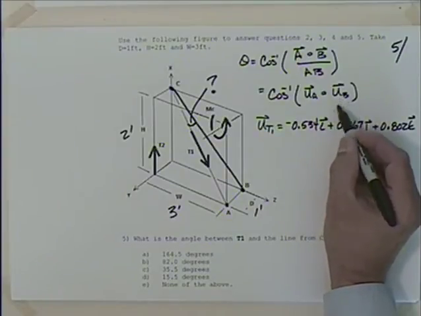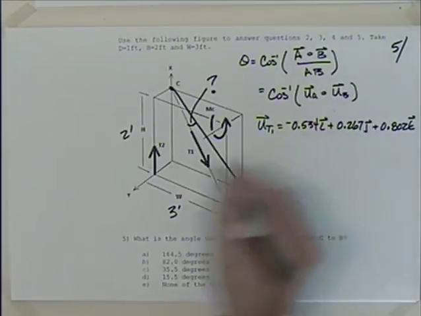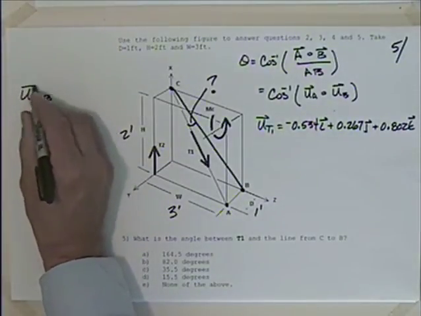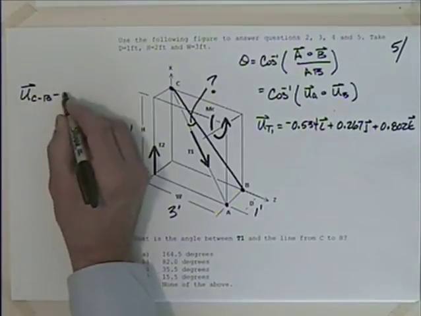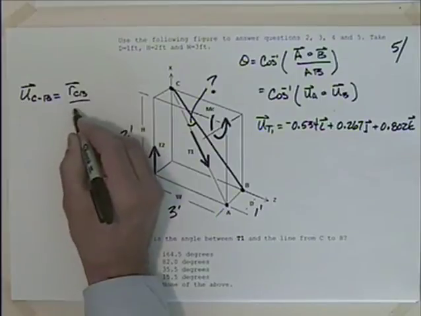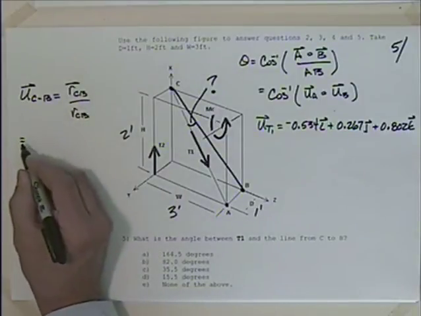Now the unit vector for this one here is going to be the unit vector from C to B. So the unit vector from C to B was the position vector from C to B divided by the magnitude of that position vector. So what's that going to be?